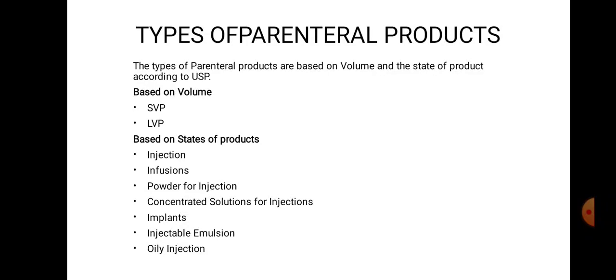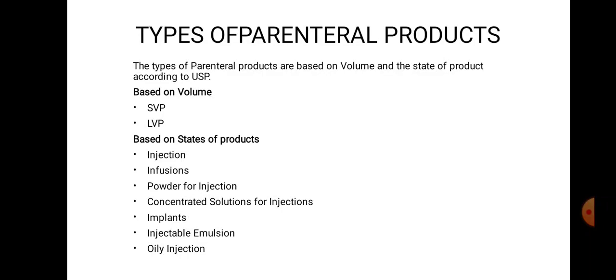Intrathecal is the subarachnoid space of the spinal cord. Epidural is the space of the spinal cord, and intraarterial is through artery. Intraarticular is injected through joint space, intracardiac is injected through the heart, intraocular is injected in eyes, and intraperitoneal injection site is the peritoneal cavity.